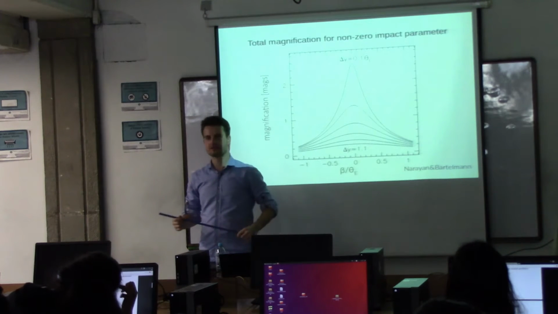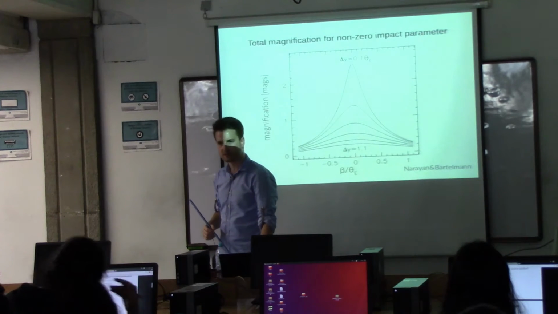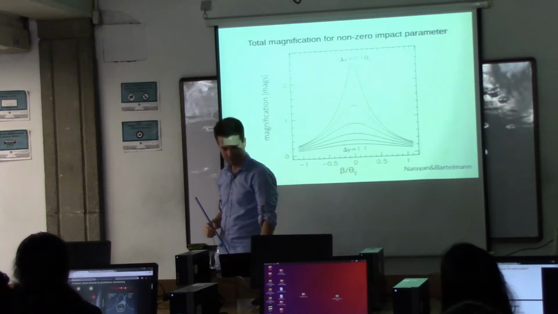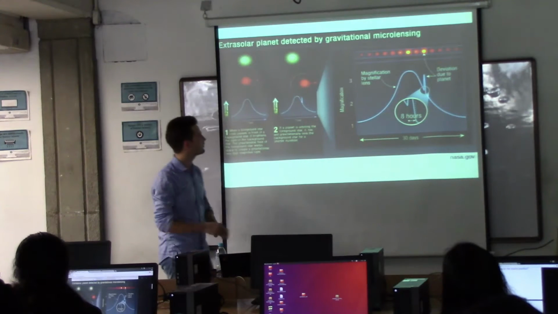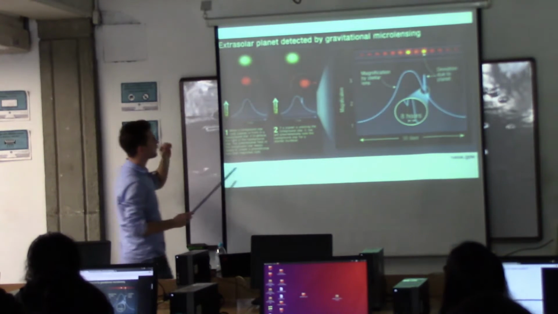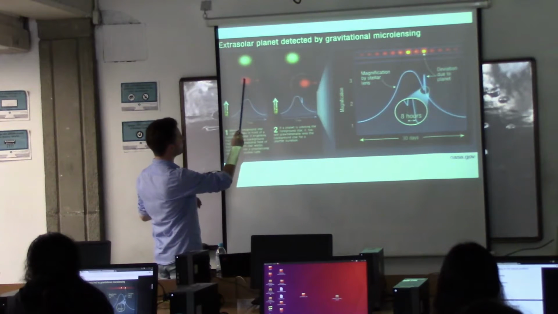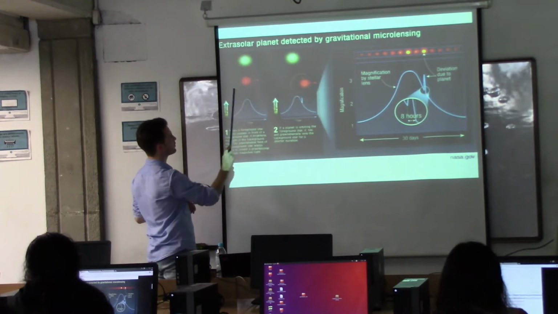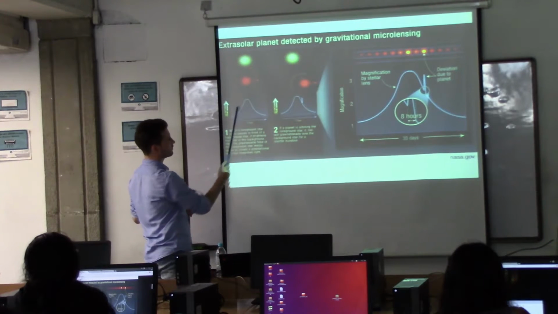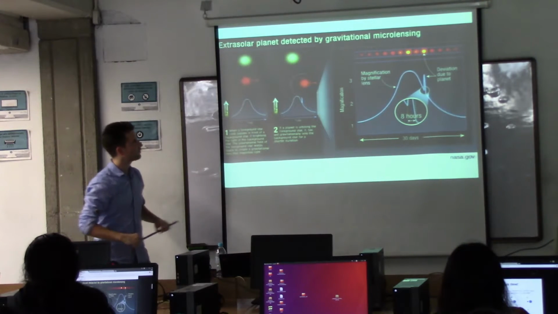So this has been done with stars, but what is a very exciting prospect is that planets are also gravitational lenses. Imagine you have a star passing in front of a background star, and your curve will look something like this, as we saw in the previous slide.